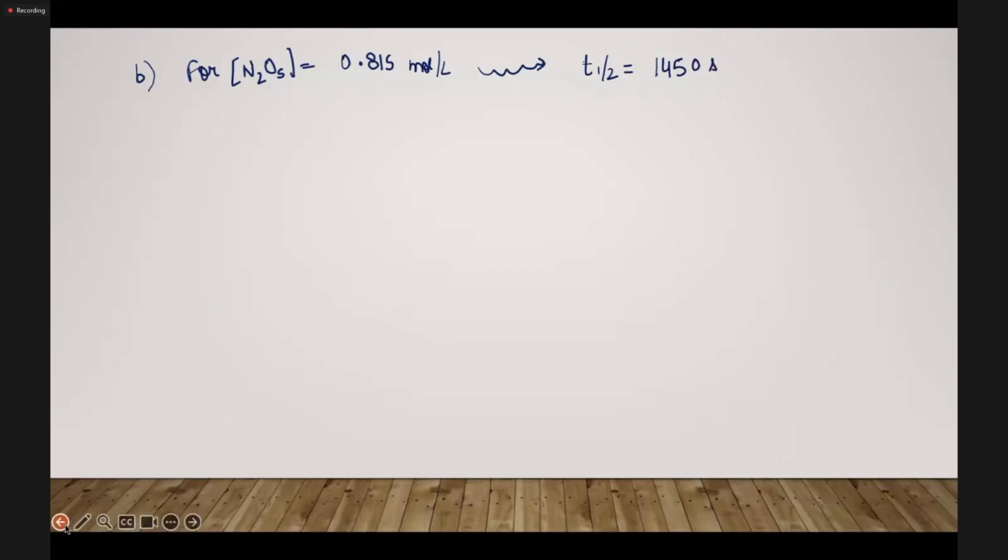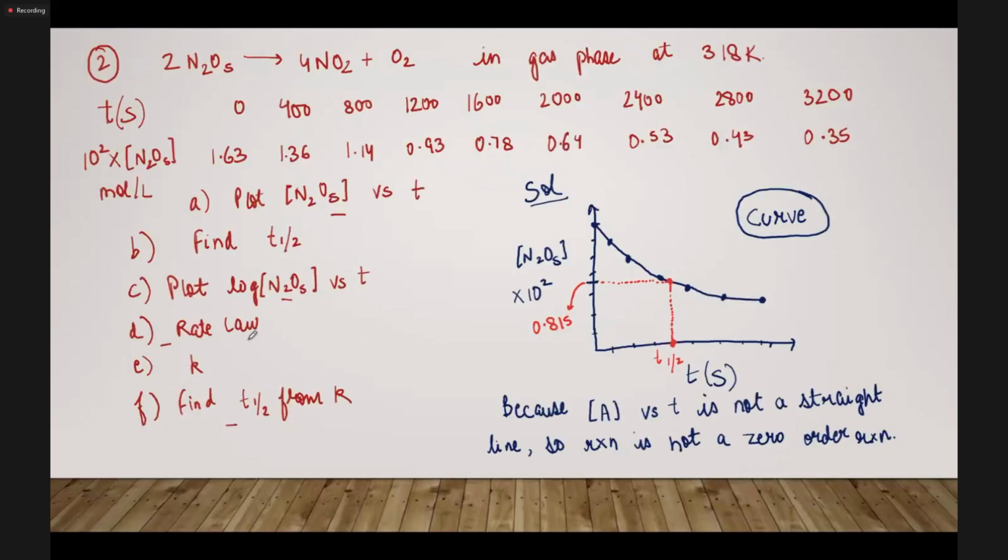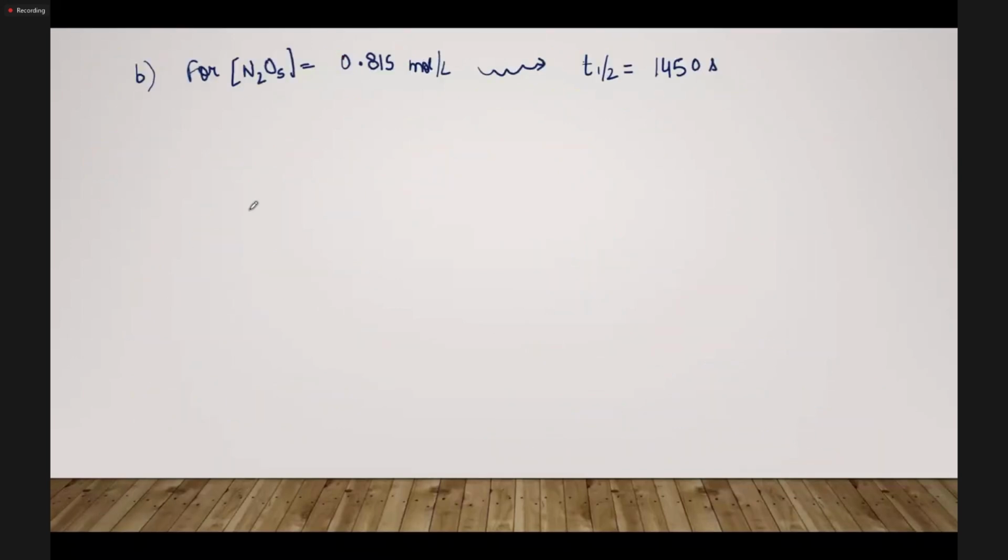Next, they are asking to plot log N2O5 versus time and then find the rate law. So what we will do is plot this graph again. Now you have to plot log N2O5, and here you will take time.